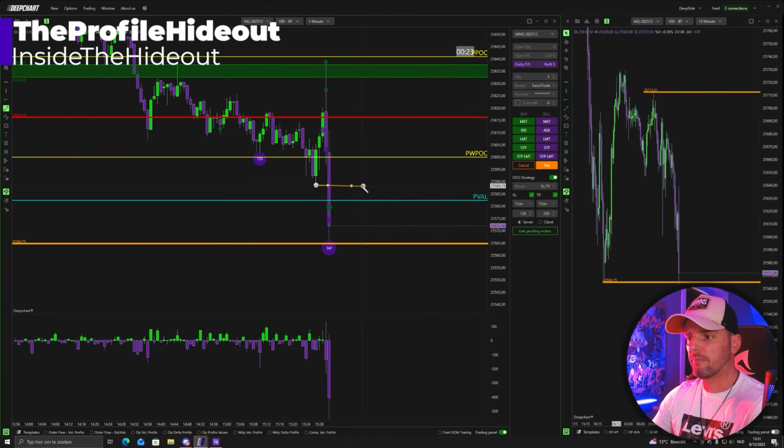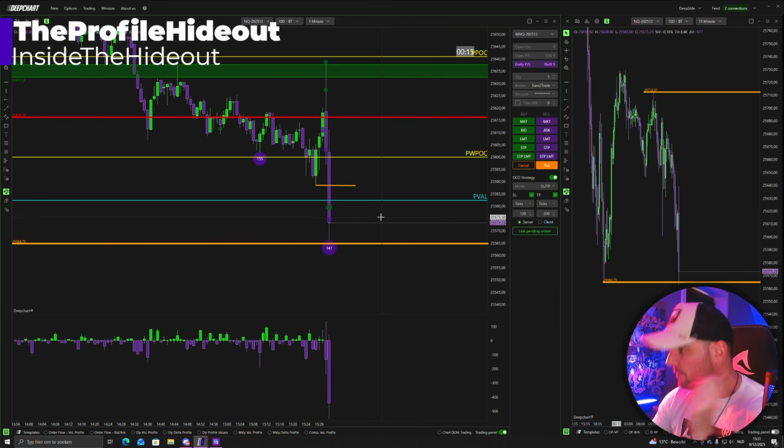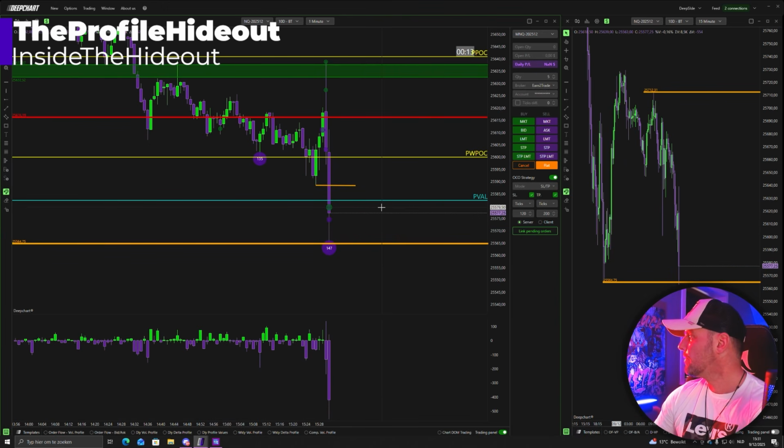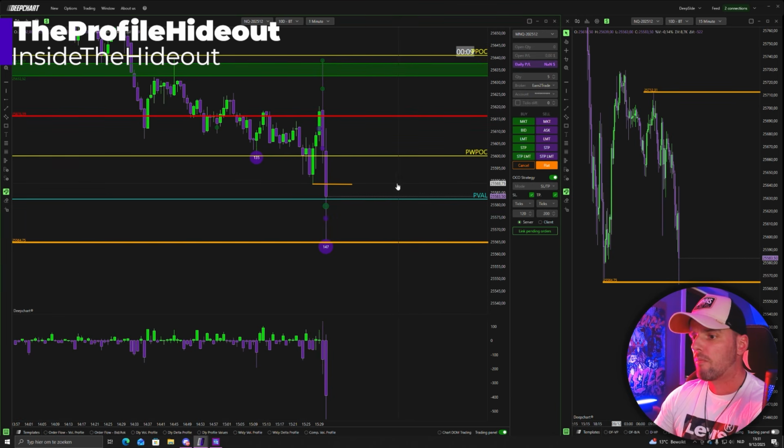Huge absorption on the bottom at that liquidity level. Already the bottom value of yesterday of the RTH session.